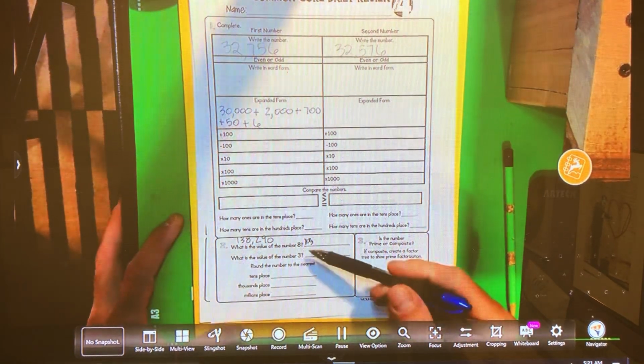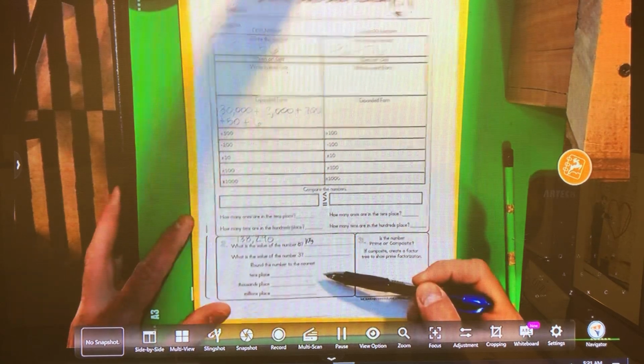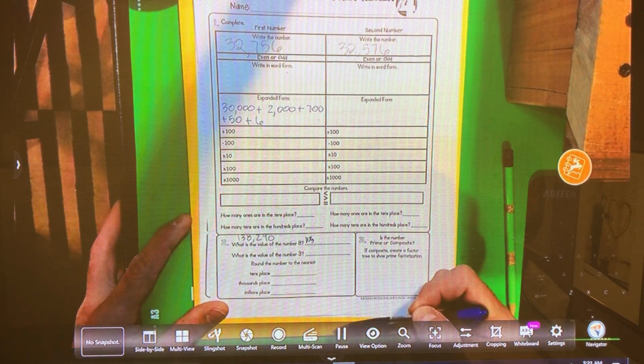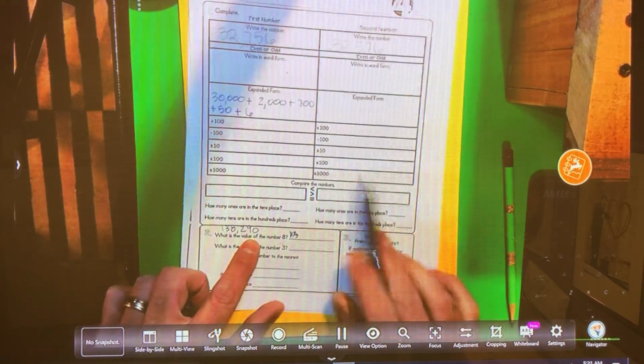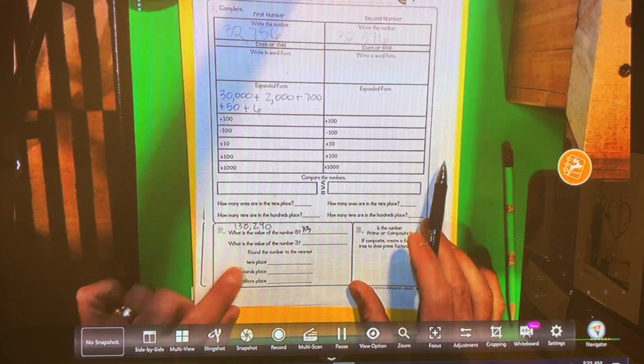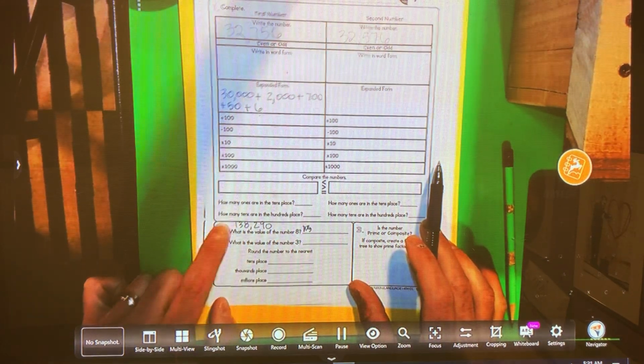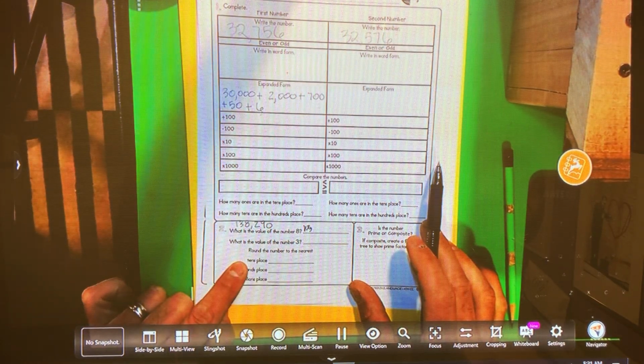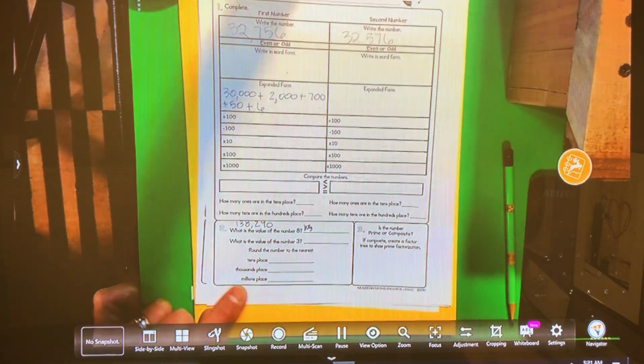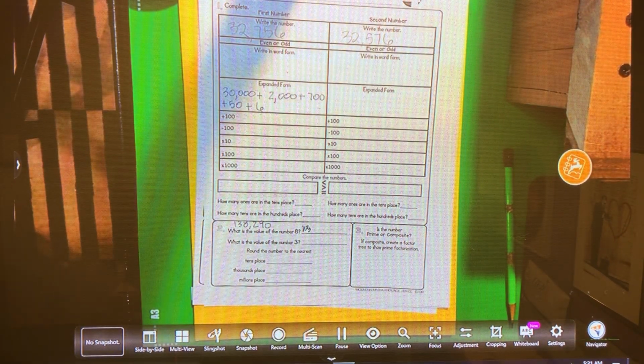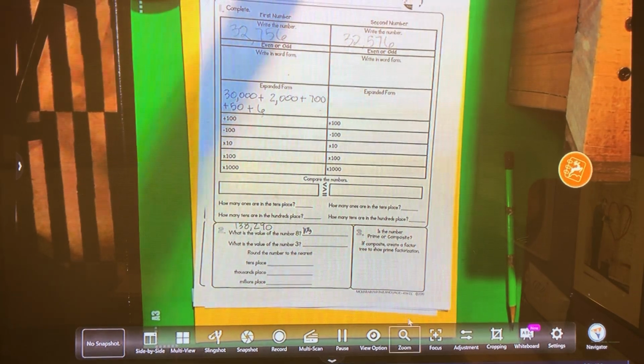And then there are all of these operations, you know, what's the value of the 8, what's the value of the 3 because of where it is in this particular number. What is this number when we round it to the nearest tens, thousands, and millions place. Okay. All right. Number 3.